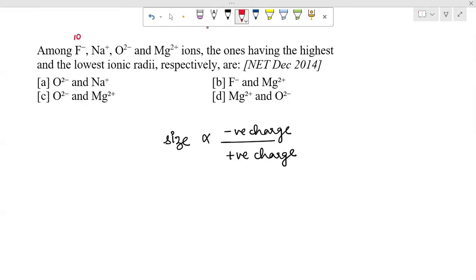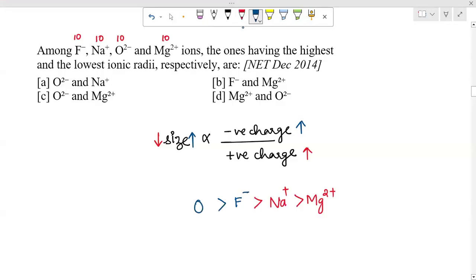F minus, 10 electrons, Na plus, 10 electrons, O2 minus, 10 electrons, Mg2 plus, 10 electrons. So as the amount of positive charge increases, size decreases. So in that case, Mg2 plus will be the smallest, then Na plus. And as your negative charge increases, your size also increases. So for that, we have F minus, and then the largest one is O2 minus.